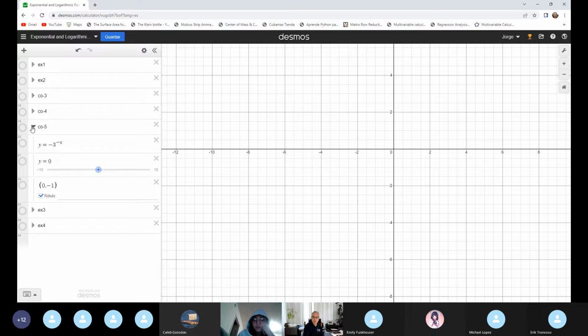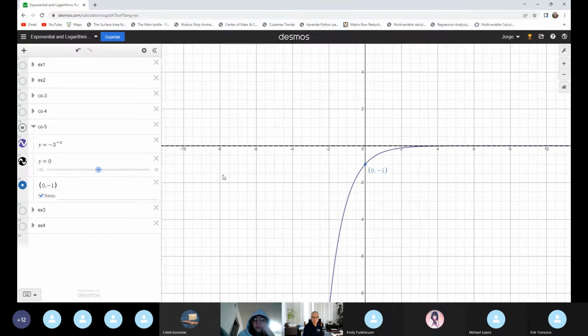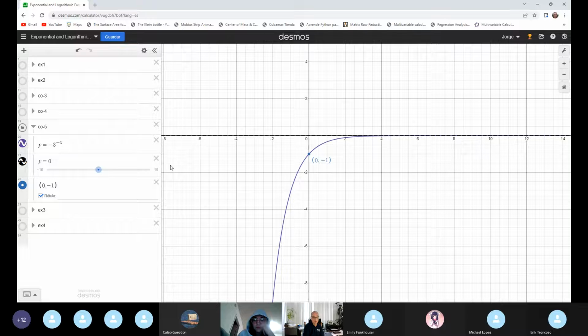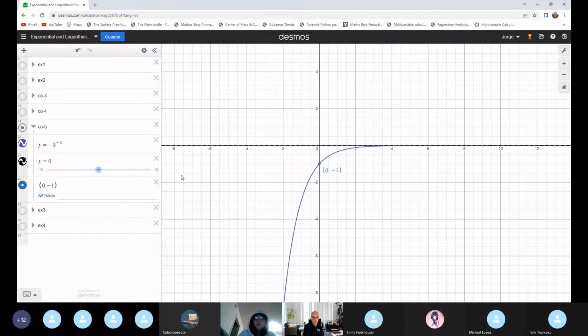Now question 5 is the double reflection, no? Double reflection. So we are doing one reflection about the y-axis, and another reflection about the origin, very similar to the x-axis.